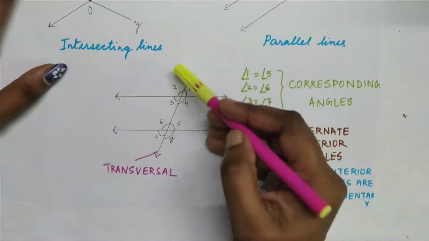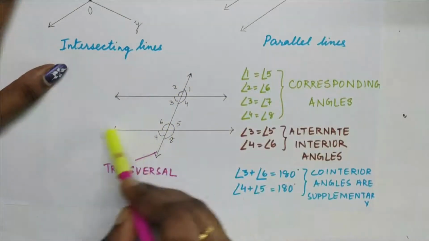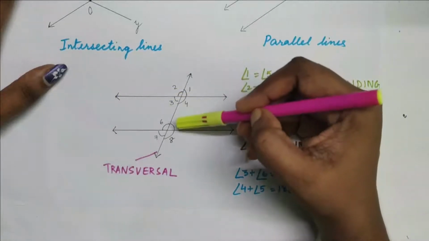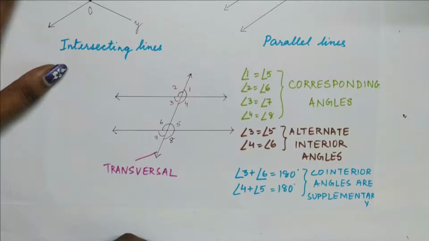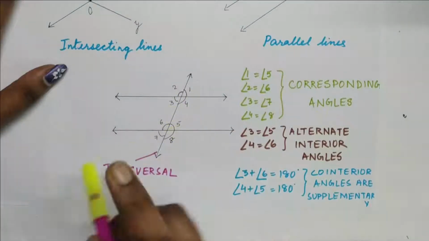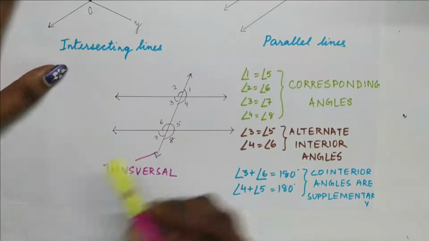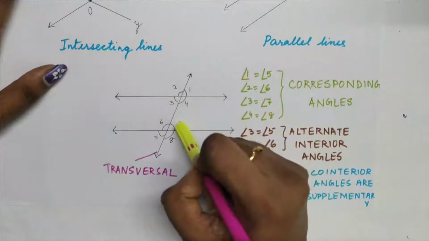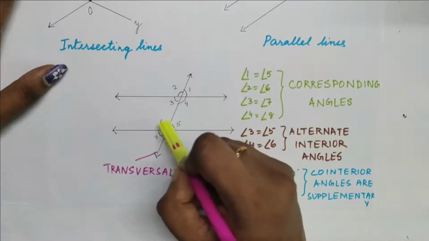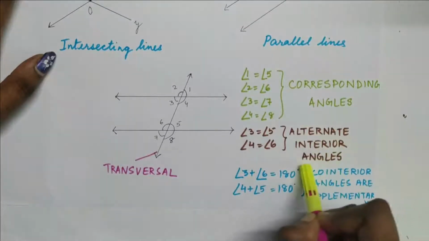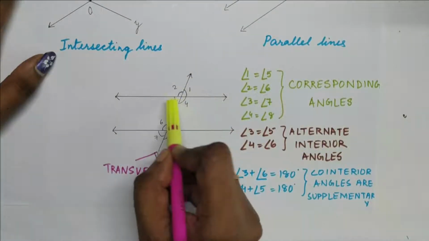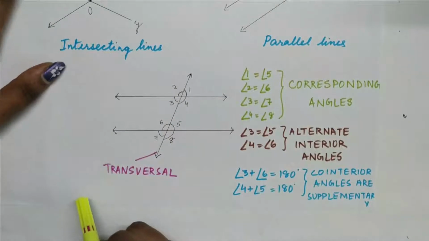Similarly, if you see the transversal cutting the parallel lines, the opposite angles are known as alternate angles. Here we are talking about alternate interior angles only. So angle 3 is equal to angle 5 and angle 4 is equal to angle 6. They are known as alternate interior angles because they lie on the opposite sides of the transversal.